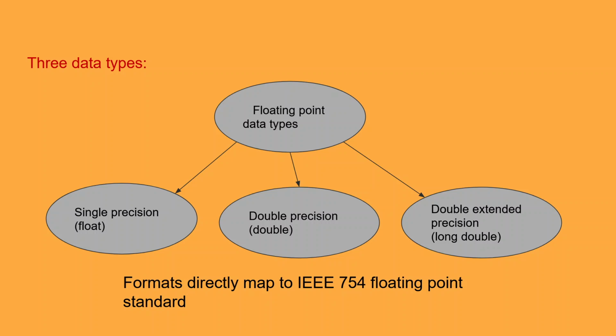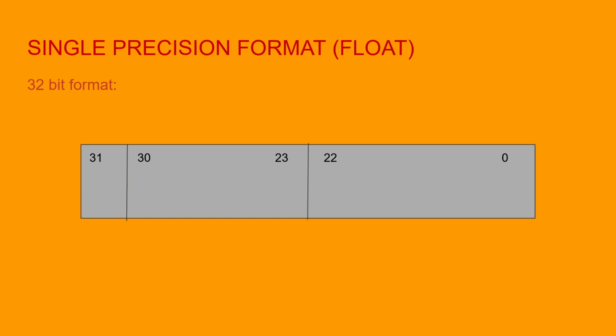Float occupies 4 bytes in memory, double occupies 8 bytes, and long double occupies 10 bytes. These formats directly map to the IEEE floating point standard.